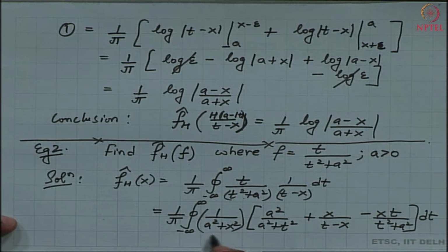Now, we can see that this first factor is independent of t. So, this can be treated as a constant and pulled out of the integral. The first term in this second bracket is purely a function of t.